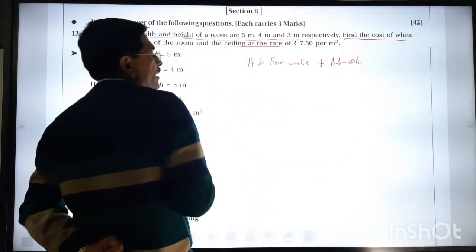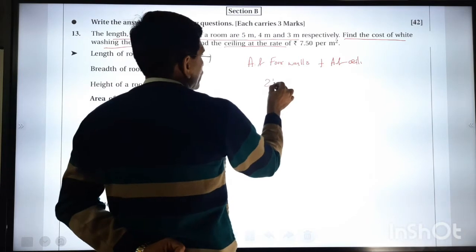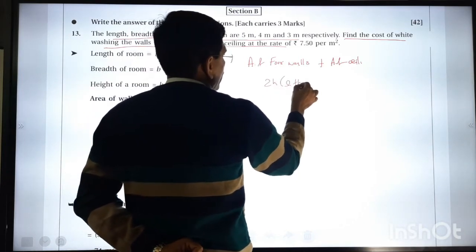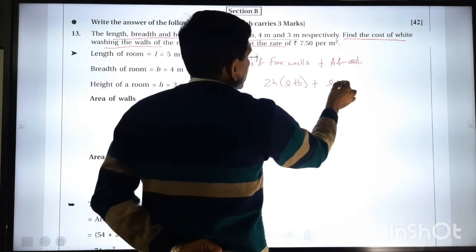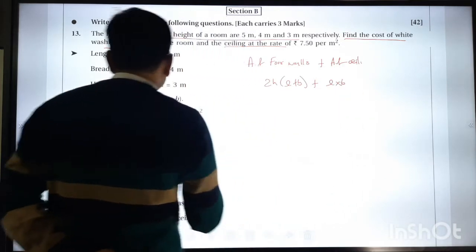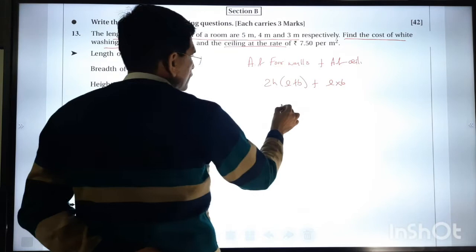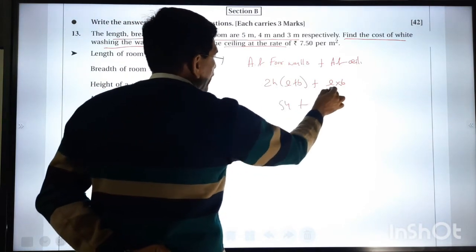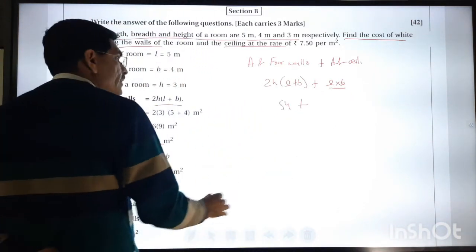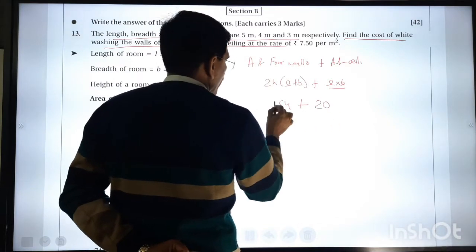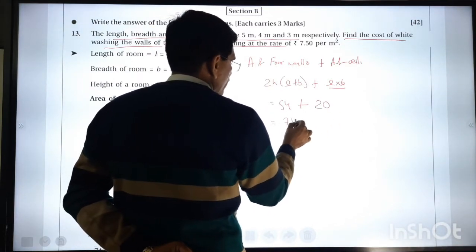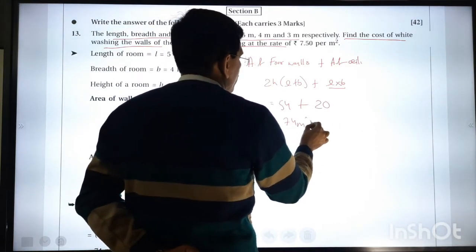The area of 4 walls is 2h(l + b), and the area of the ceiling is l × b. Now if we simplify, 2h(l + b) is 54, and l × b is 20. If I total, the answer is 74 meter square.